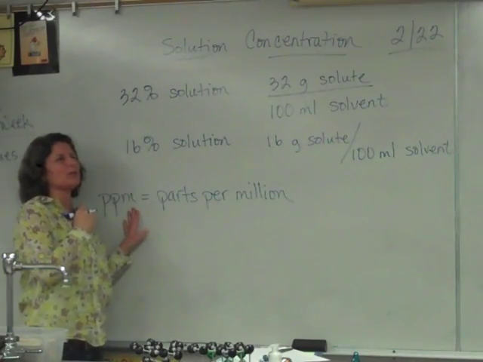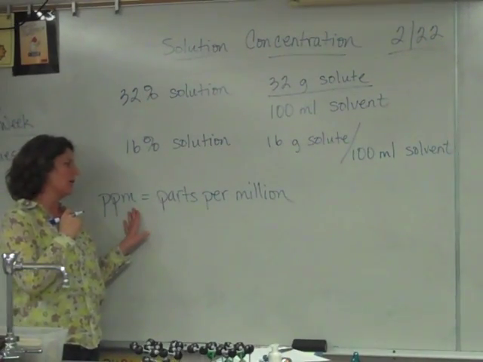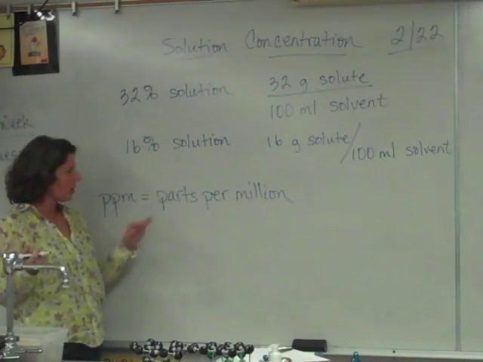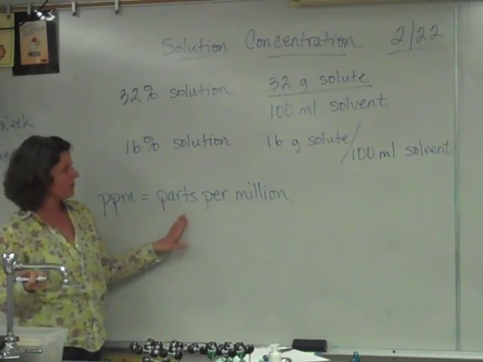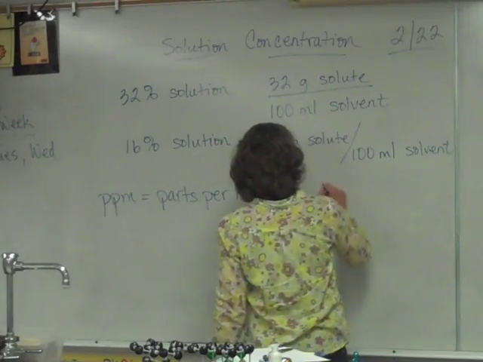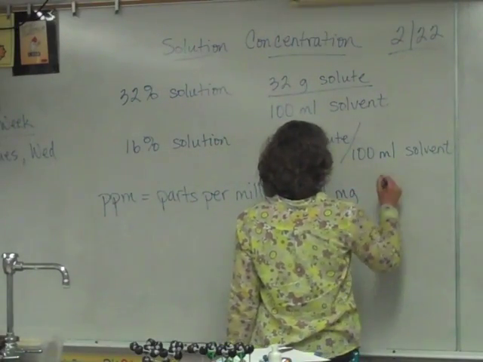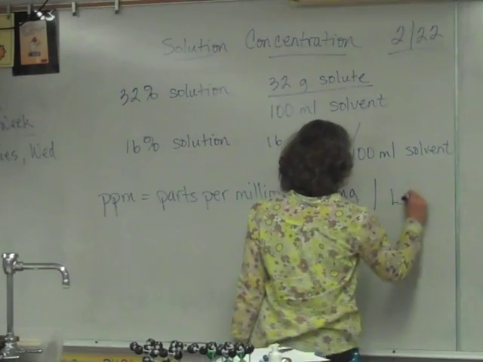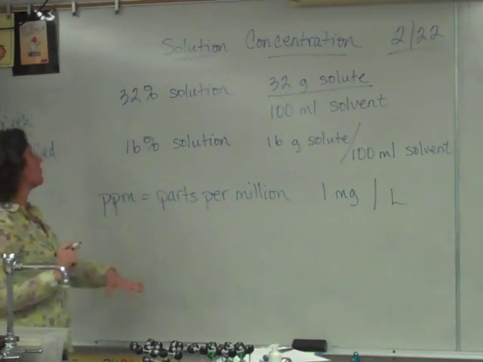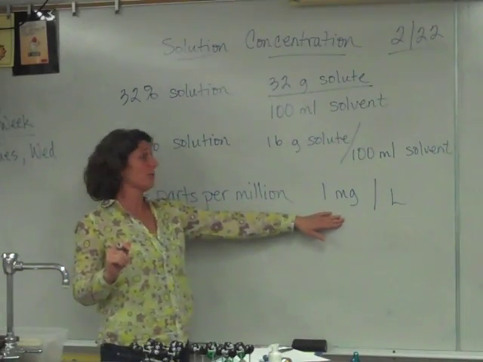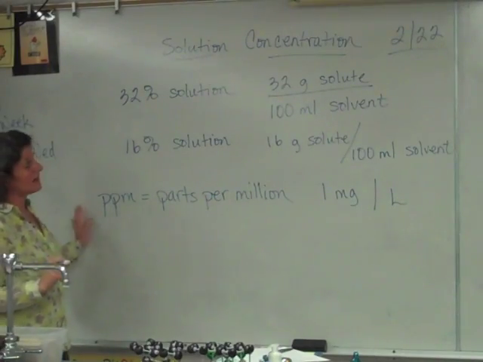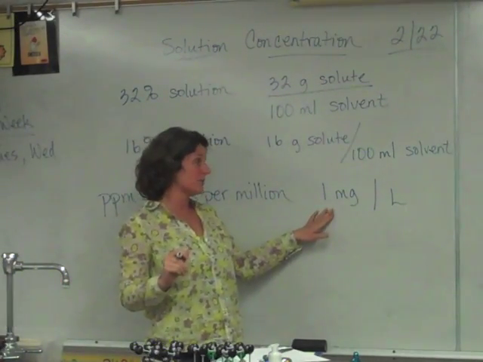Many pollutants, the accepted amount that you could have in a water sample, are reported in parts per million. That would be 1 milligram per liter for 1 part per million. If you could have 5 parts per million, that would be 5 milligrams per liter.